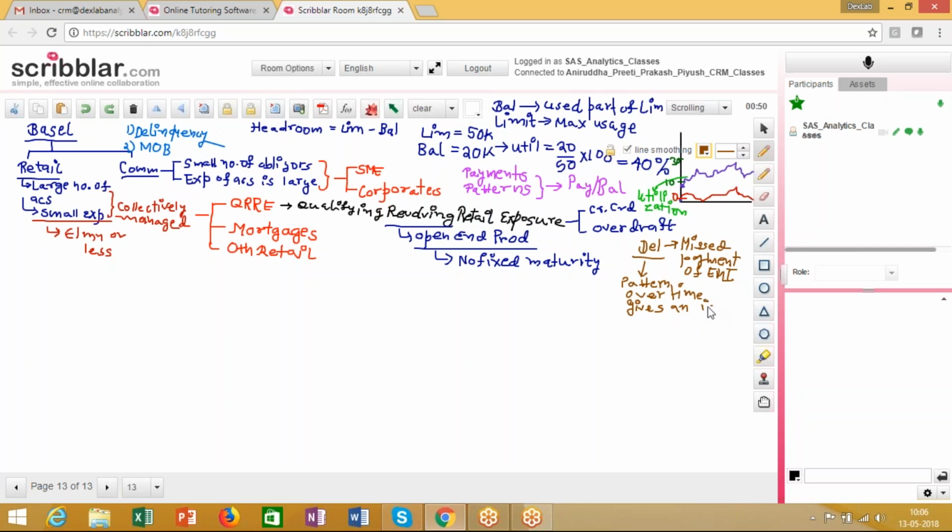So we generally look into different kinds of risk tendencies.